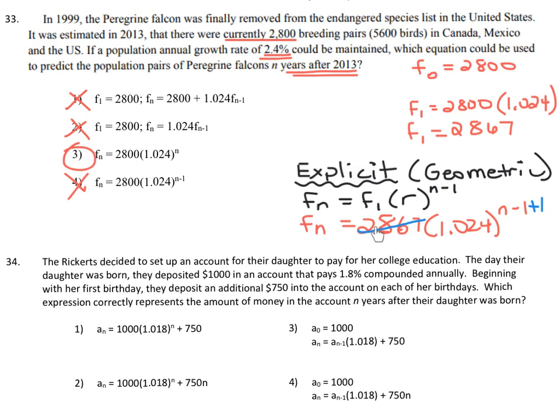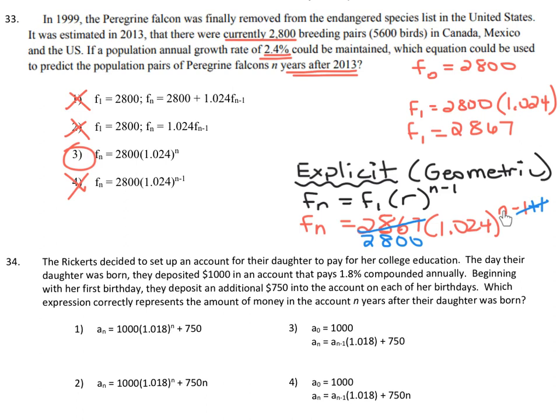So if I went back one term, think about it, this was the first term. If I go back one term, wouldn't that bring me back to the initial term of 2800? And then what would happen up here is the positive 1 and the negative 1 would cancel off. So it would leave me with exactly what it says in choice 3.